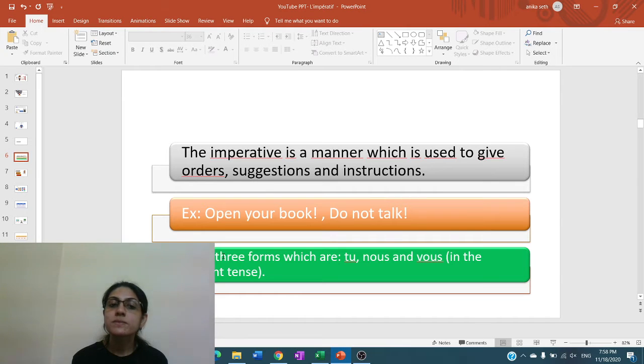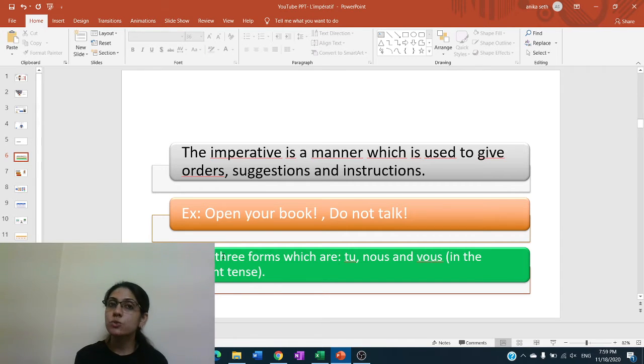After that, the imperative exists in three forms, that is with the subject pronoun tu, nous, and vous. So the imperative has three forms, tu, nous, and vous, with which the verbs are conjugated in the present tense, right?